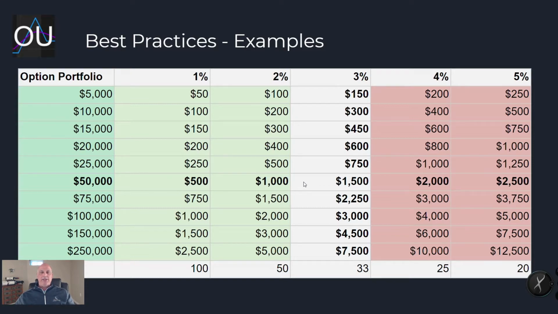But that's okay, because again, we're looking for number of occurrences. We're looking to lower our risk. This chart helps you in terms of your overall risk level. That says you're risking at any one time 3% of your overall portfolio towards a bad trade.